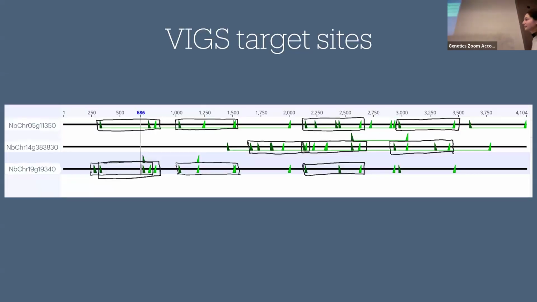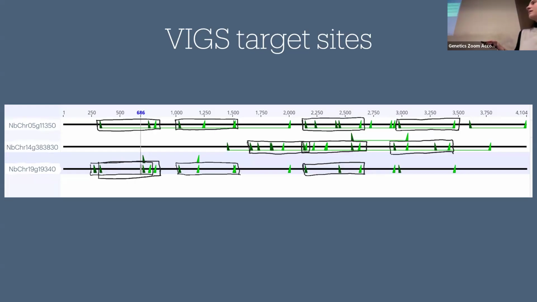These are the current target sites for my VIGS experiments. As you can see, you sort of want to design them all over because you don't really know which one will have which effect. Essentially, these should all knock out Raptor, but these are different.